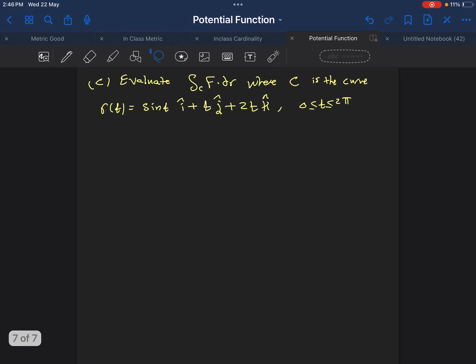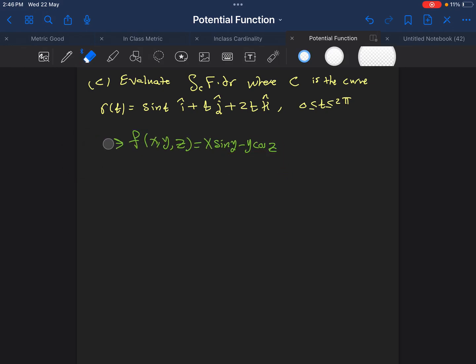Now, in the third part, we need to evaluate this integral over this curve. Of course, here we can use what we found before, that f is exactly this one plus a constant.